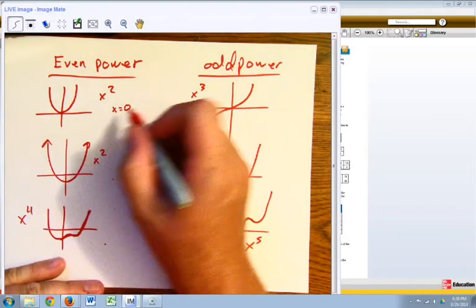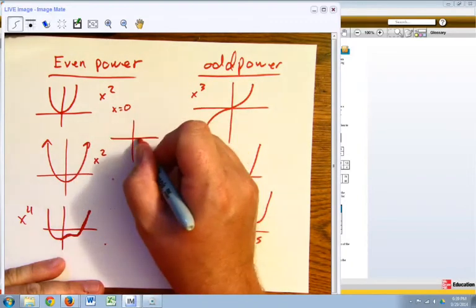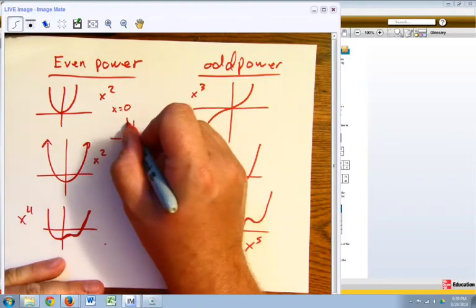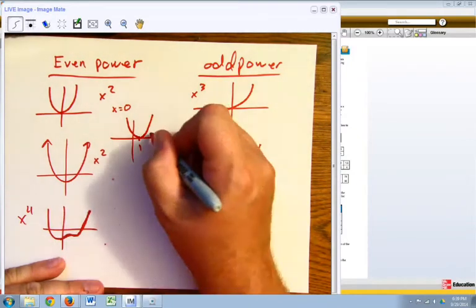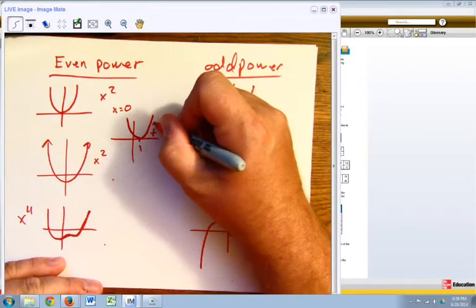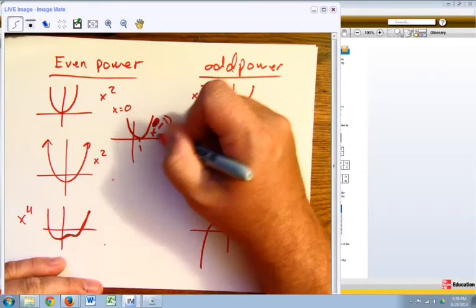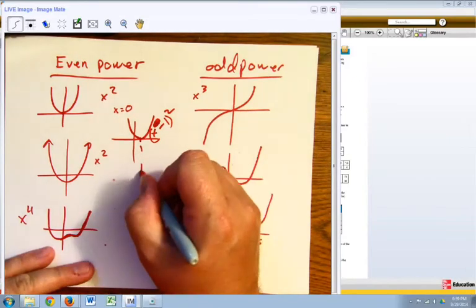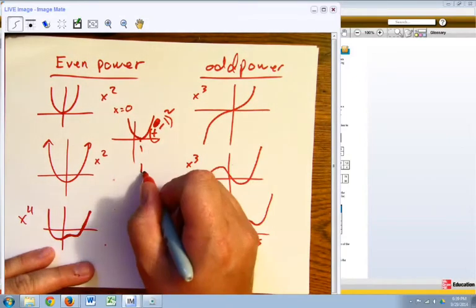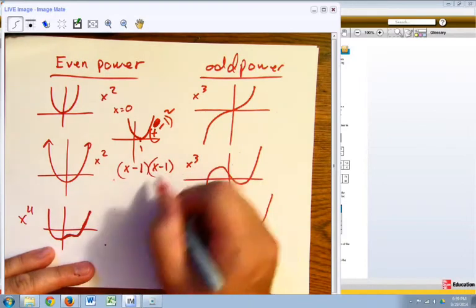Now, if I take this one, where it just comes down and touches at 1, the equation for this would be x minus 1 squared. What that means is 1 is the solution, but x minus 1 happens twice.